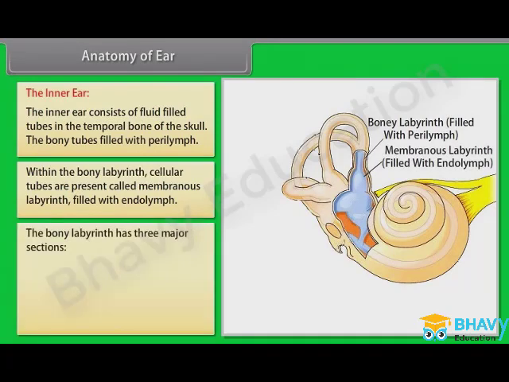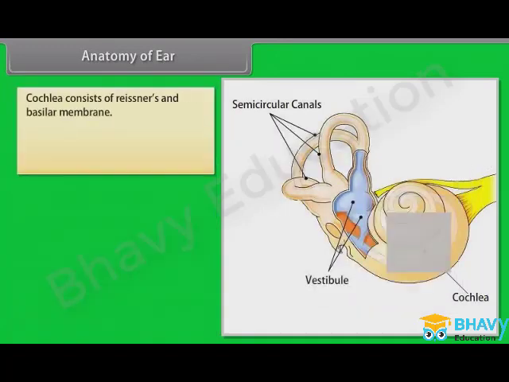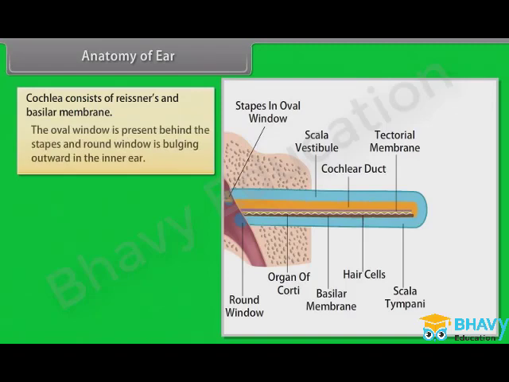The bony labyrinth has three major sections: the cochlea, the semicircular canals, and the vestibule connected to the cochlea and semicircular canals. The cochlea consists of Reissner's membrane and the basilar membrane. The oval window is present behind the stapes, and the round window bulges outwards in the inner ear.